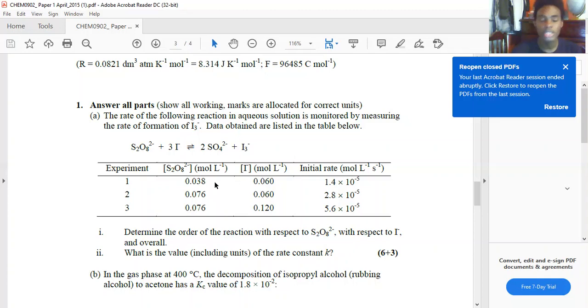For zero order reaction, it doesn't matter what the 2 values for sulfur are, the initial rate of reaction would be the same. That's how you know that it's a zero order reaction, right? Yeah, so that's it.